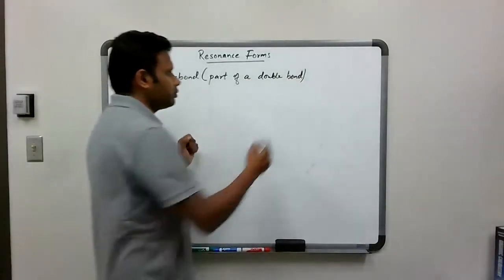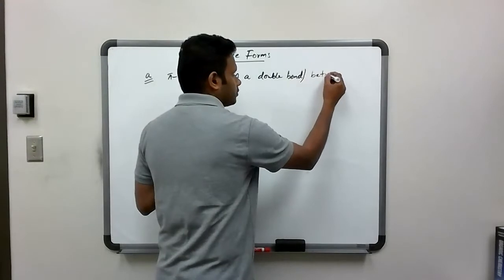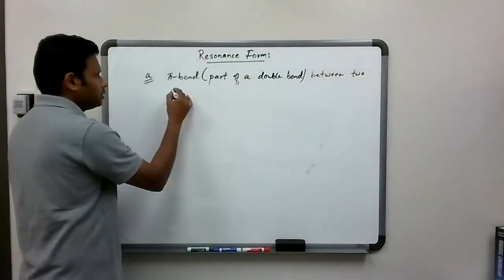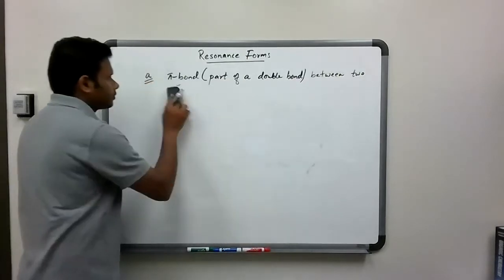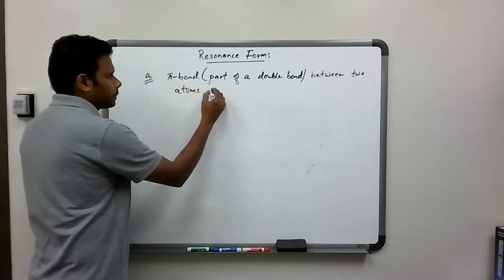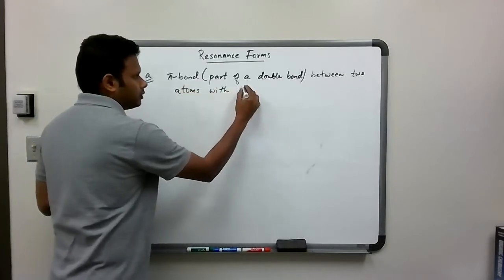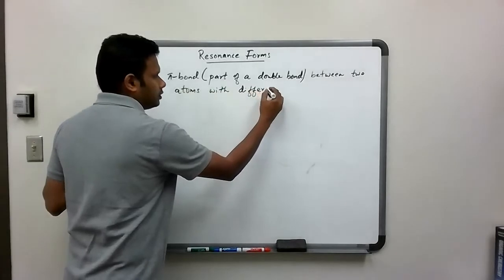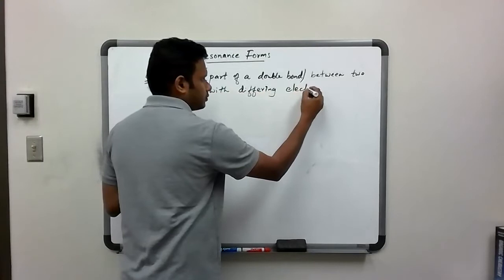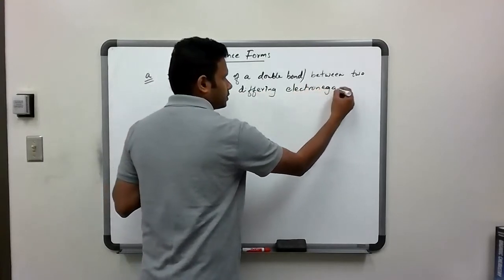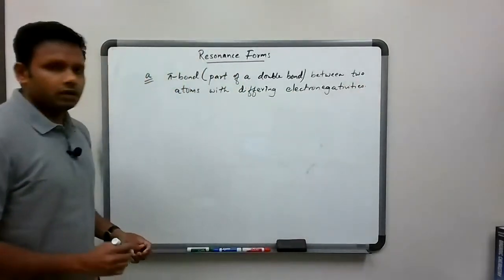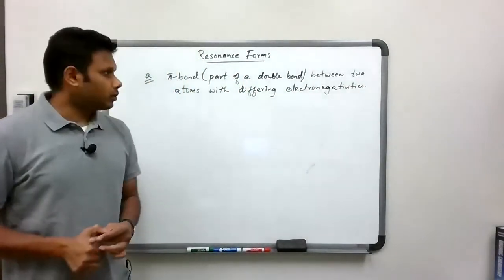So when you have a pi bond between two atoms with differing electronegativities. Okay, so that's the first scenario that we're going to look at.